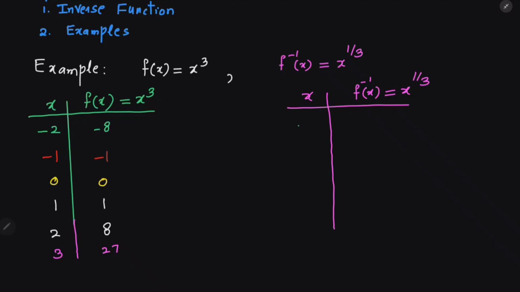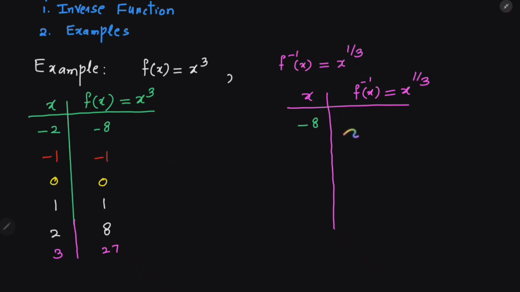When x is equal to minus 8, now what we are doing is giving the value from this range. This range has minus 8. Remember that these two tables look similar, but they are not similar. We will talk about that. Just wait for a moment.